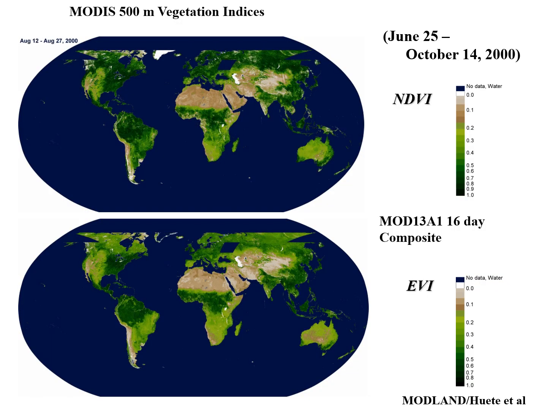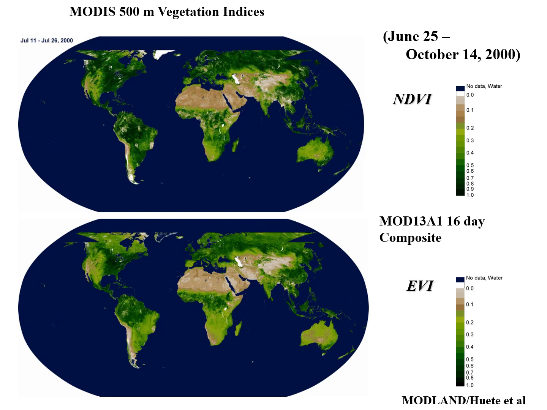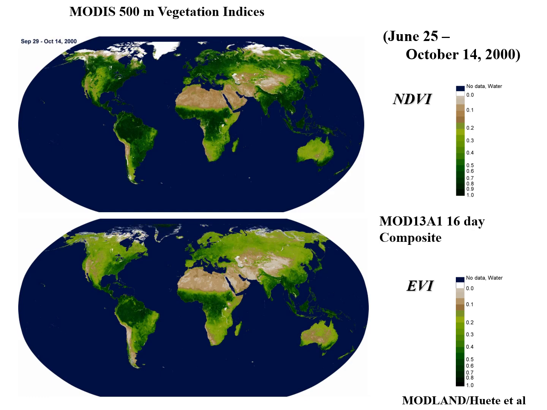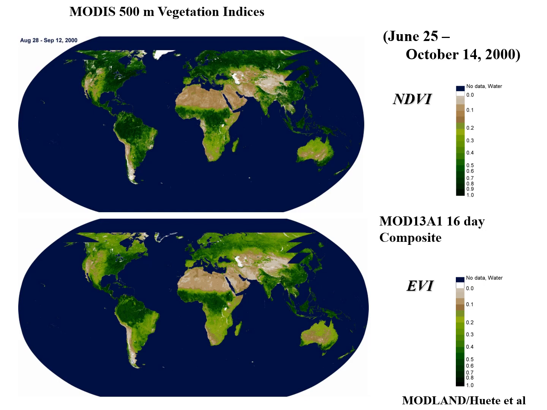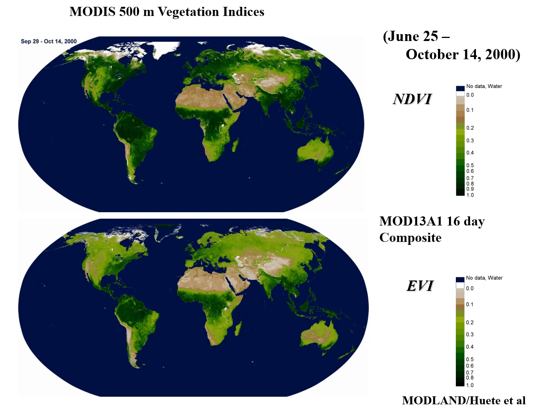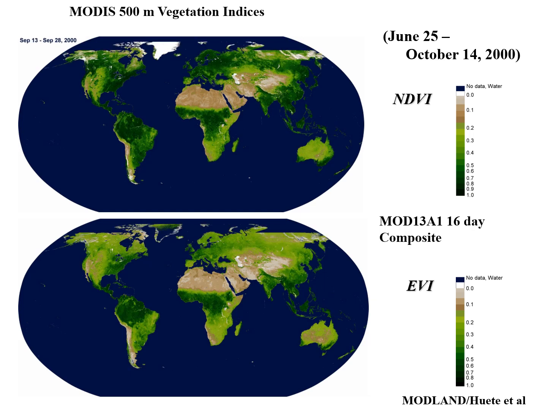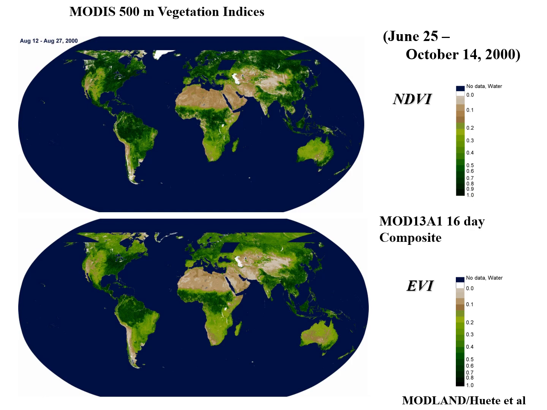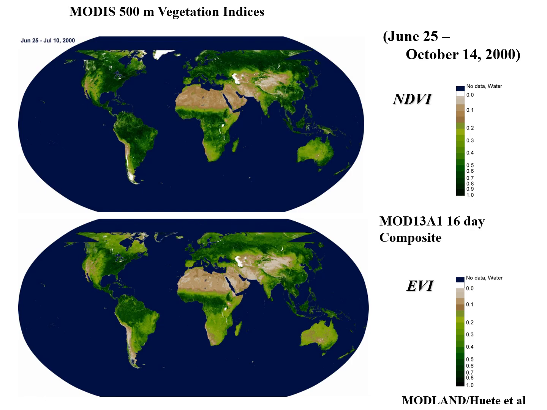So here we have, hopefully, in your presentation, information about greenness over the course of time, with NDVI and EVI, just showing you the greening up and browning down, particularly in the northern hemisphere, of vegetation as a function of time.